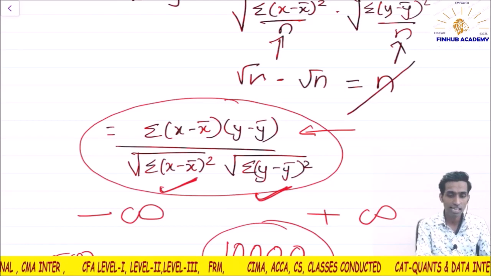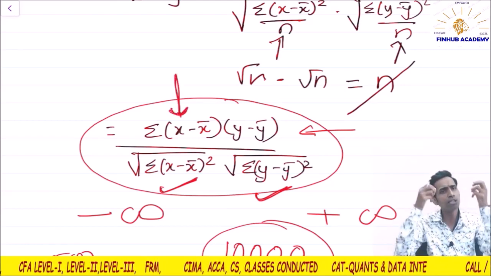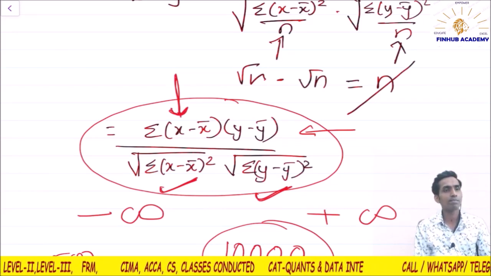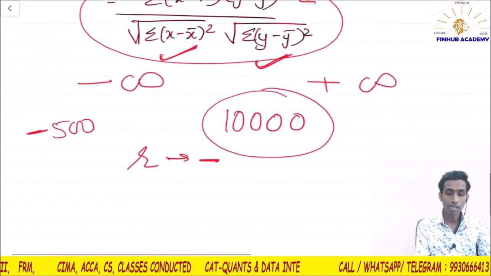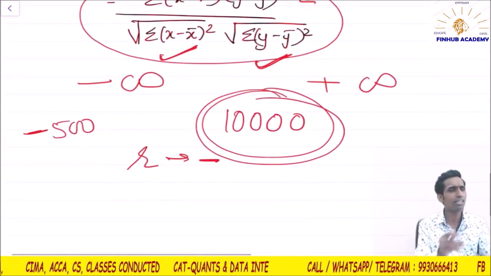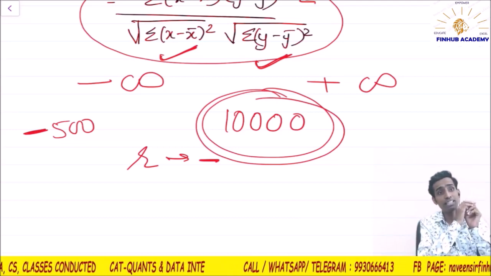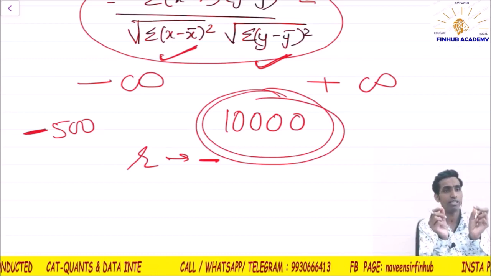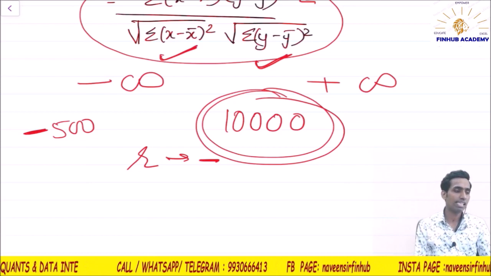R gets its plus or minus sign from the numerator, because the denominator will always be positive, since it is standard deviation. So the numerator can be plus 10,000 or minus 500, whatever it is. Covariance can take any value, whereas R is only between minus 1 and plus 1. Is that clear?